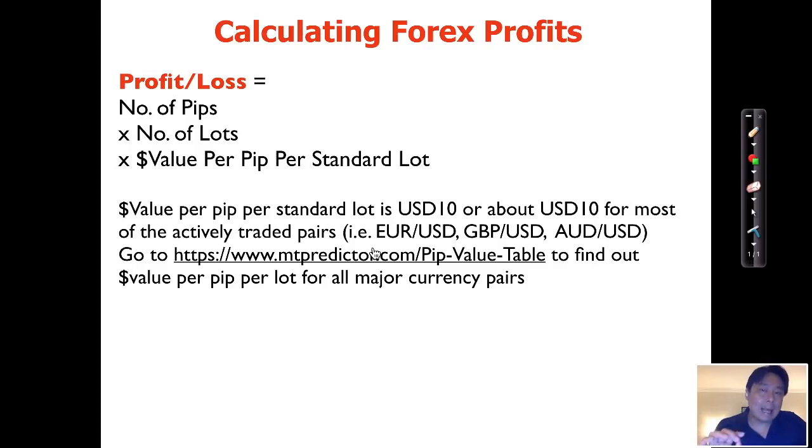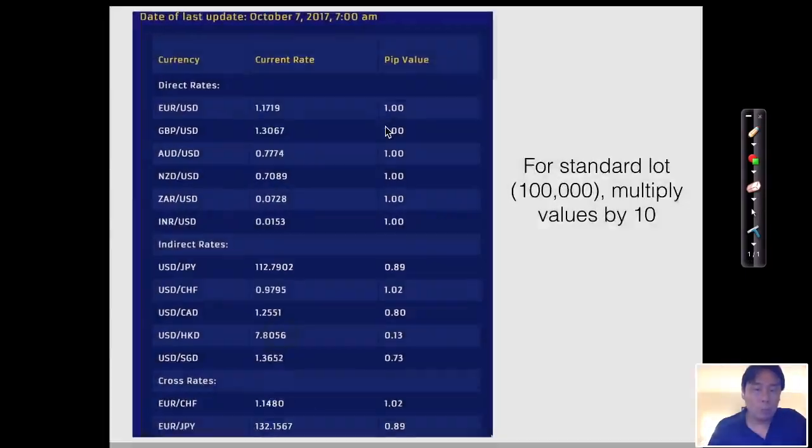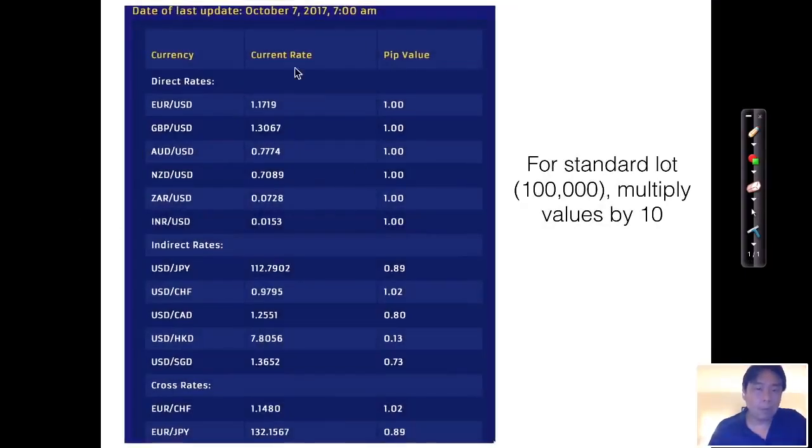But to get the exact value, you can go to this website over here, which is mtpredictor.com/pip value table to find out the exact dollar value per pip per lot for most of the major currency pairs. So if you go to the website, you will see something like that, okay? And again, this changes all the time, so you have to get the latest update on that day, okay?